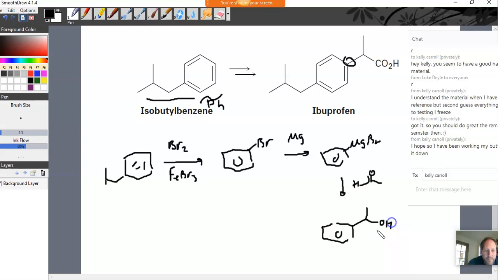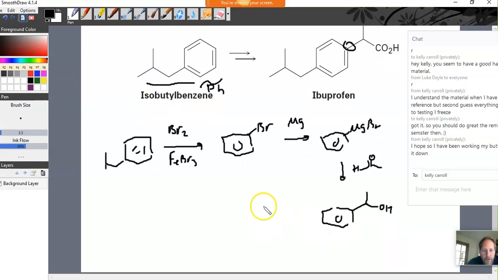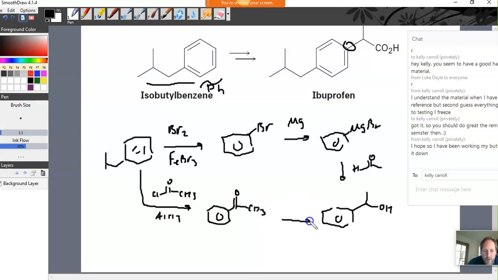this alcohol. All right. Another way of making that alcohol, let me just show you another possible way, is to take this compound and do the Friedel-Crafts acylation, put on this group, and AlCl3. Make this, and then reduce it with NaBH4 in order to make that.